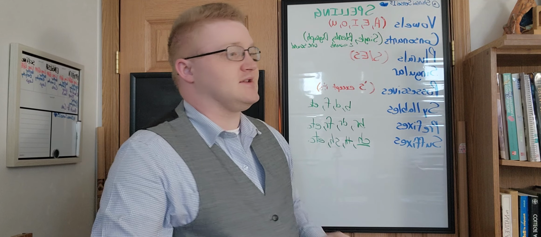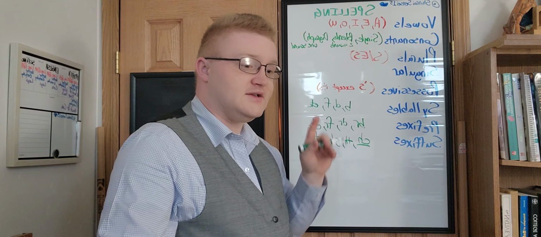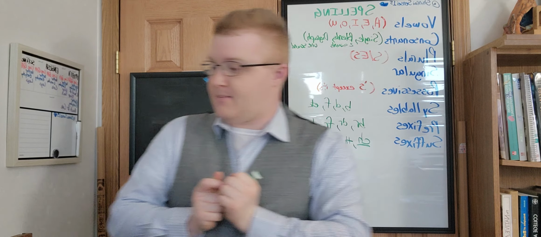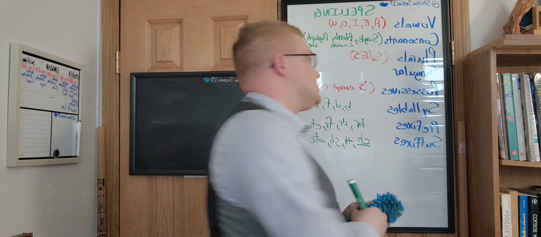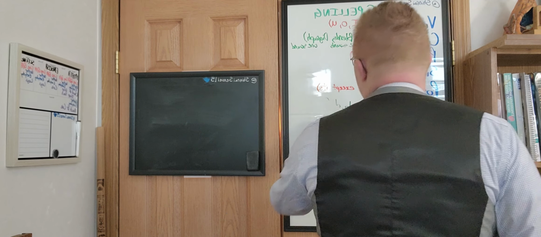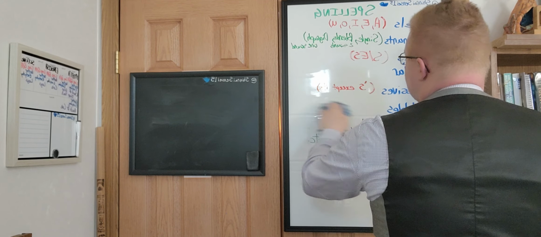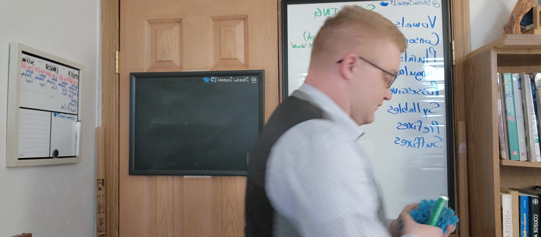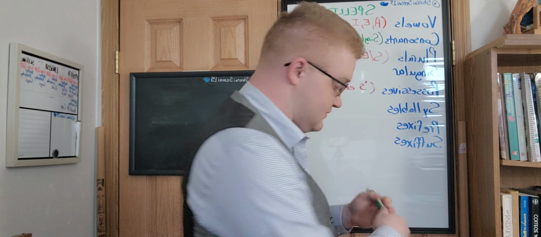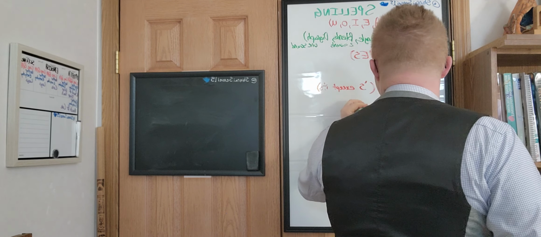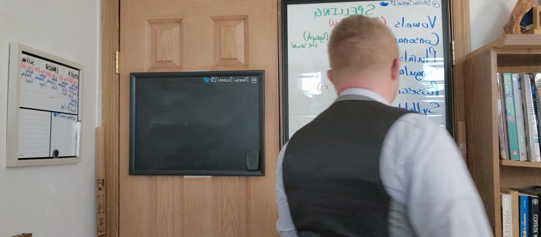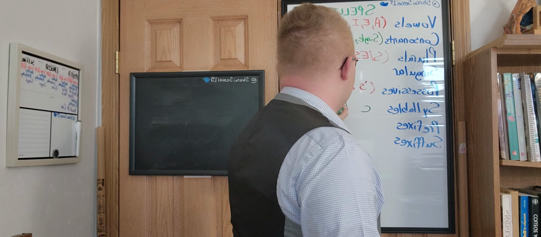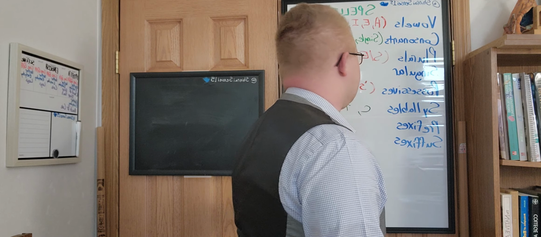And obviously the consonants have one sound with the exception of a very few, right? So all consonants pretty much only have one sound that they make, with the exception of the letter C. And when it came to the T right there, we'll say T doesn't have one sound either.